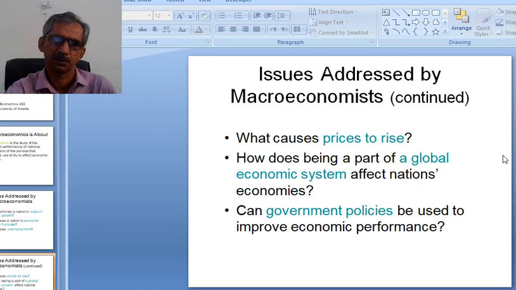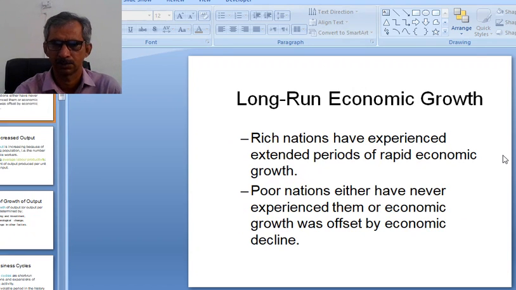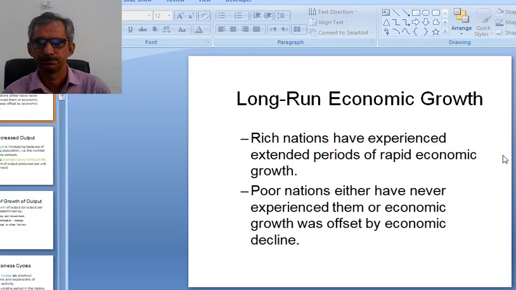Do we have any tool or technique to control them? Governments have options. They have different types of policies, through which they affect the aggregate outcomes of the economy. We have supply side policies and demand side policies, and we will discuss them in later classes.